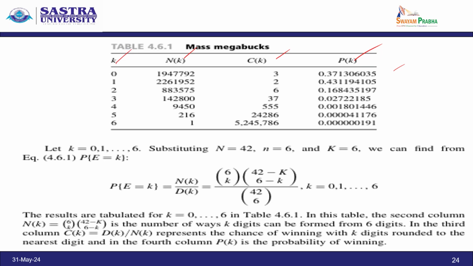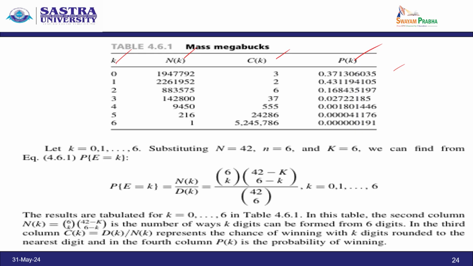Proceeding in this way, you start with k equal to 1, k equal to 2, k equal to 3, up to k equal to 6. When k equal to 1, 6C1 is 6, 42 minus k is 41, 6 minus k is 5, and then substituting, you have 2,261,952 for N of k.